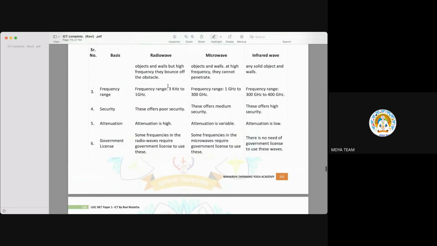From a security point of view, radio waves offer poor security, microwaves medium security, and infrared higher security.